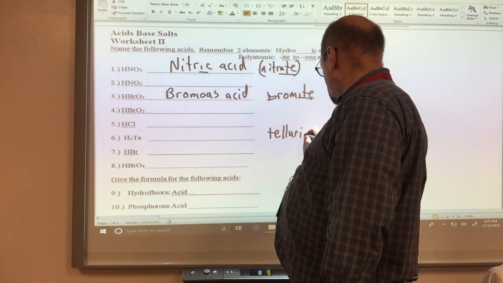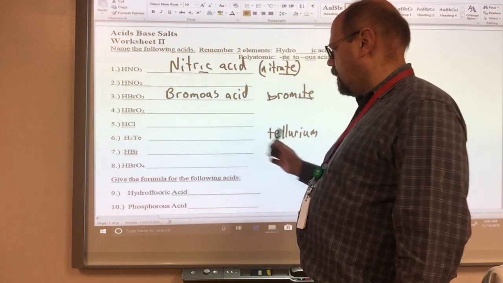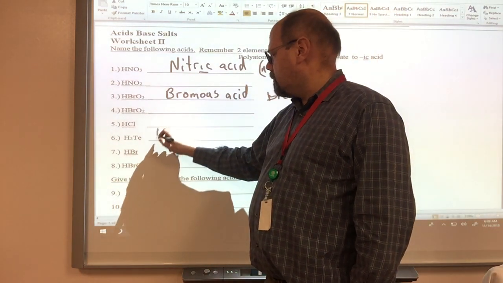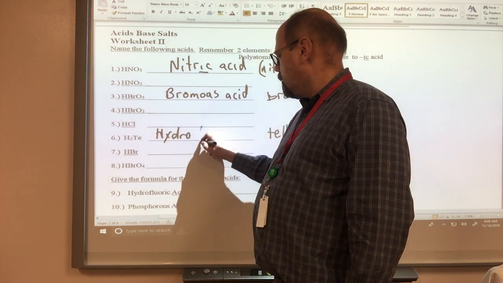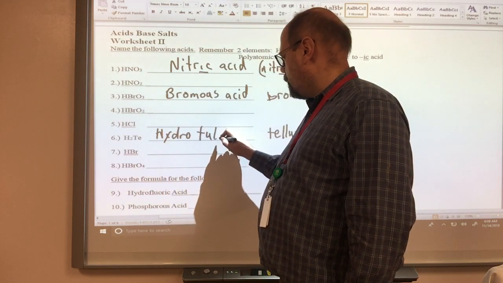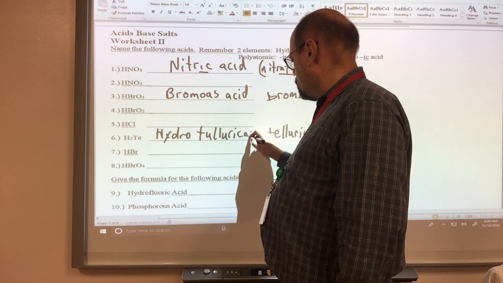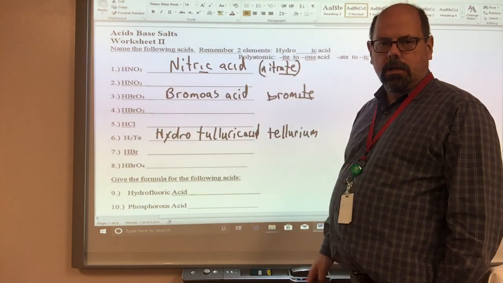I'm losing my mind here. Tellurium is the name of the element. So this is going to become hydro because it's the two-element system. Hydrotelluric acid. Okay? So that's the naming systems.